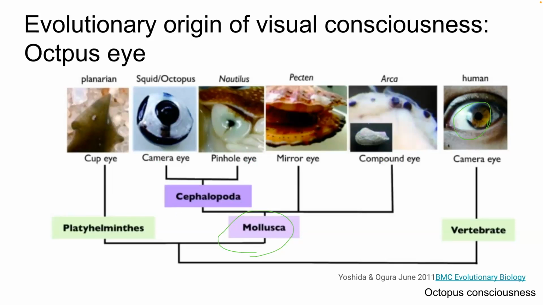And then this is a planaria. Planaria has this cup eye. It's very weird. The octopus has this camera eye, but others have pinhole or mirror or compound eyes, like insects. So it's totally unclear how the eyes of the octopus actually emerged. At the same time, it also makes sense that it has a completely different kind of architecture. Maybe it's even more ideal than humans.